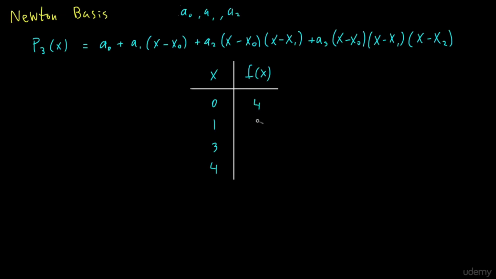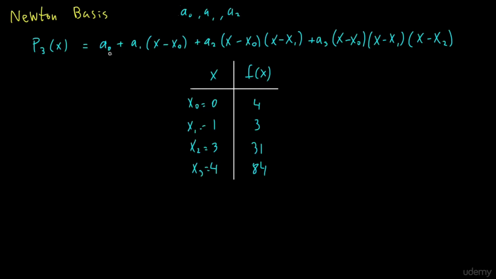And then we'll have the function values themselves: 4, 3, 31, and 84. Now we can take each of these values and plug them into the actual function. Because when we talk about x0, x1, x2, and so on, that's these values. So this is x0, this is x1, this is x2, and this is x3.